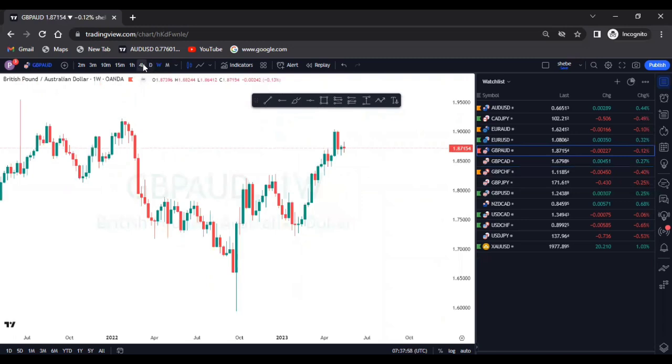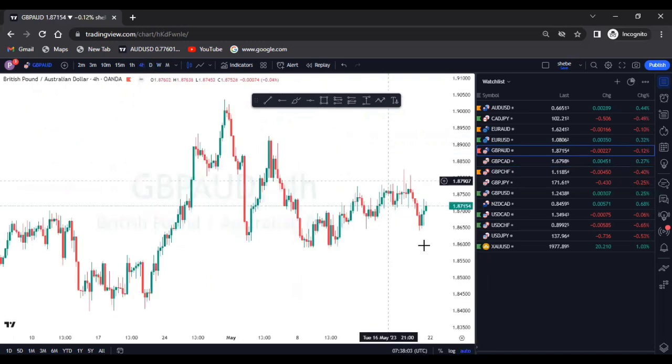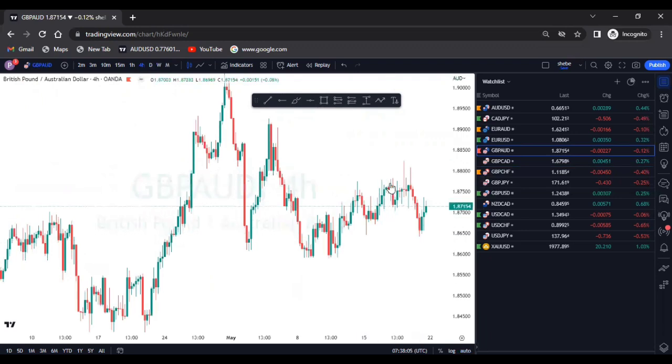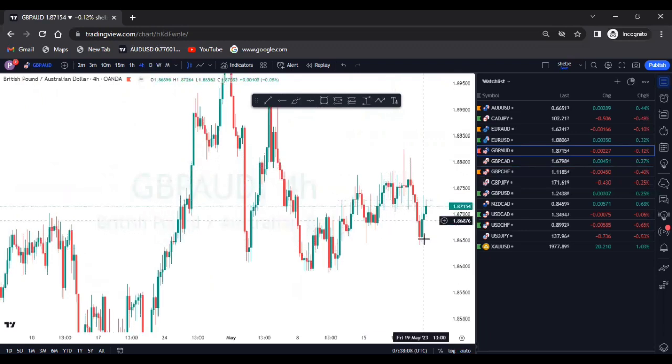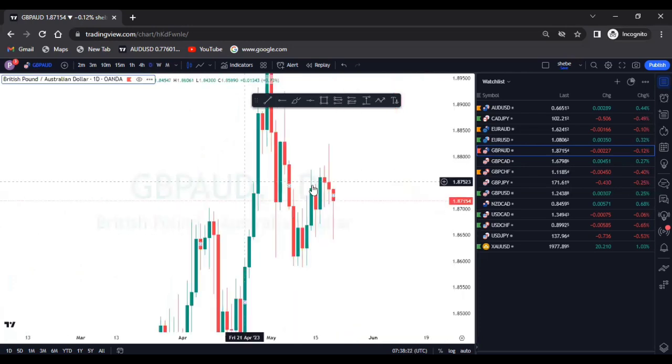Also, if you look at GBP USD, I can't say anything, because we broke this and we took a certain move like here, but you are not pretty sure of that until we see the high time frame. If you see any high time frame like daily, we still don't have a pretty sure idea of what is going to happen.